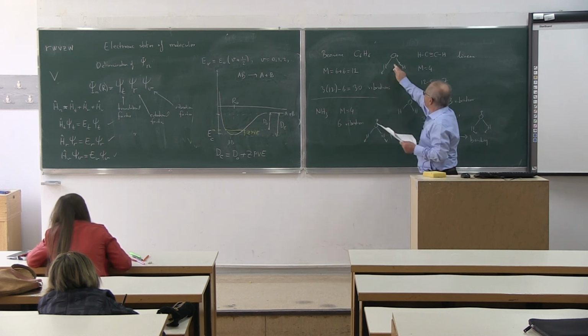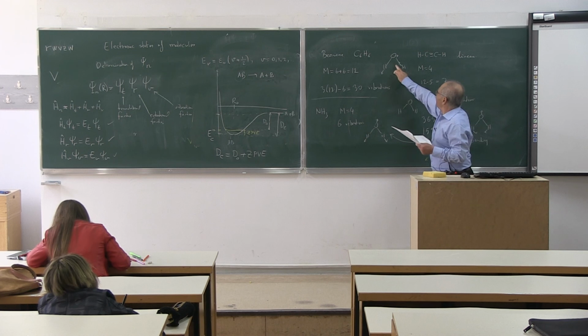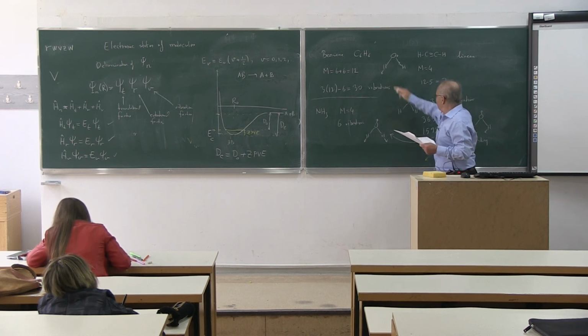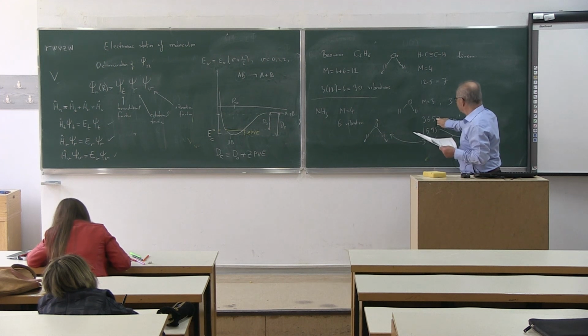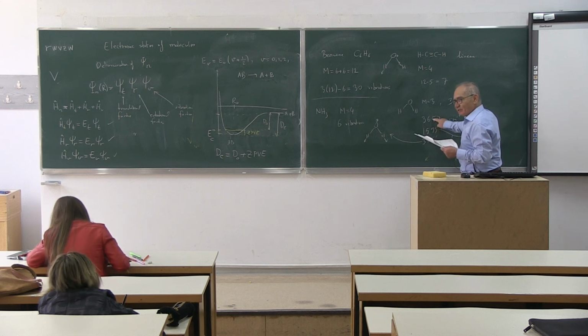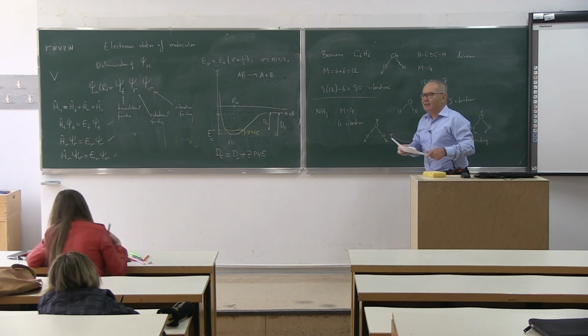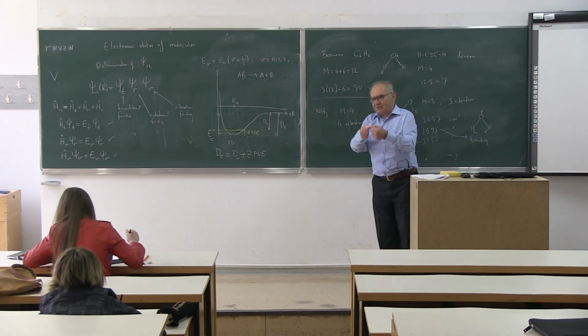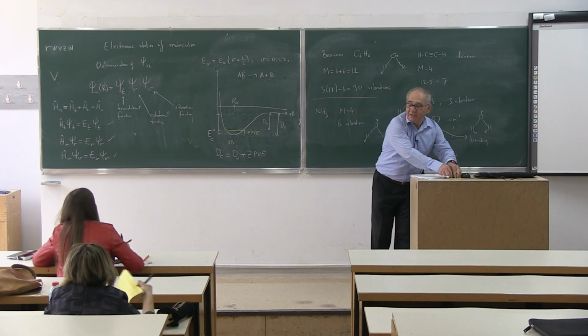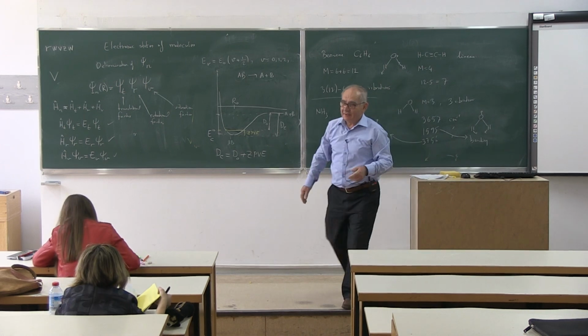So such a vibration is called asymmetric vibration, and it corresponds to a large value. You see, symmetric and asymmetric stretches have large values for frequencies, and they are expected because stretching is more difficult than bending.